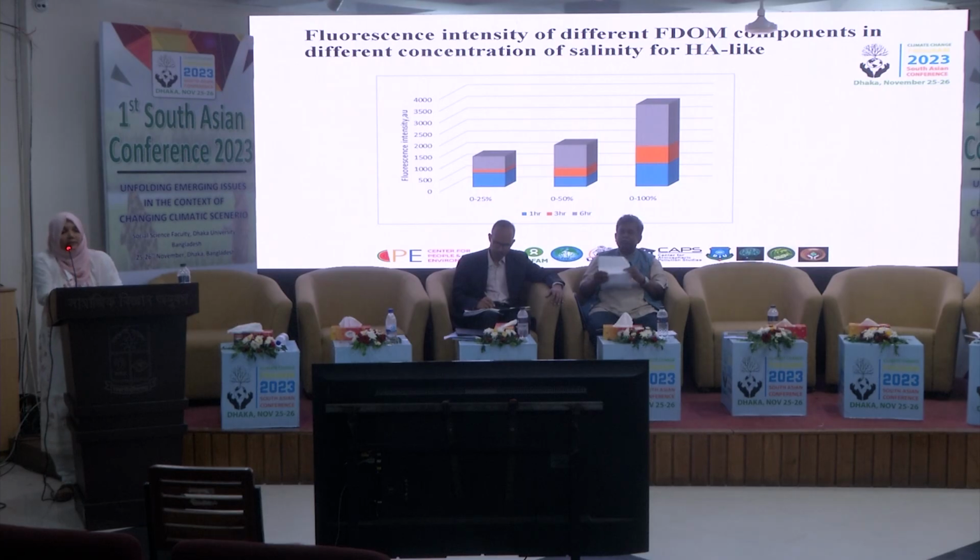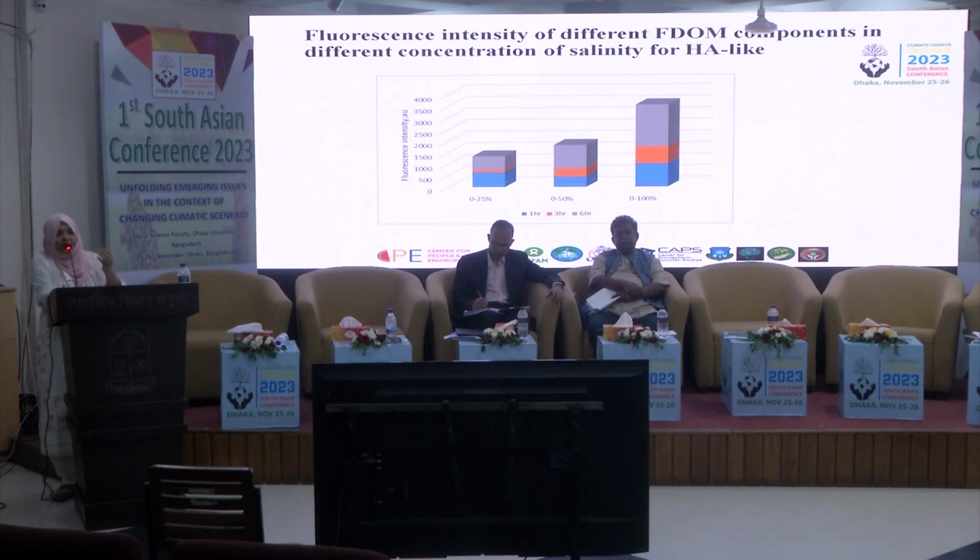Now you can see the fluorescence intensity of different FDOM components in different concentrations of salinity for humic acid-like substances. Here we compared the 0% saline water with 25% saline water.